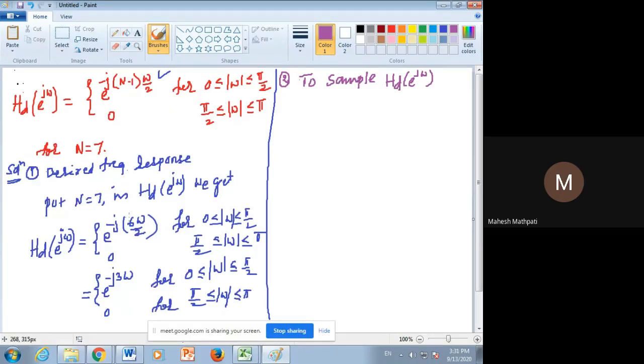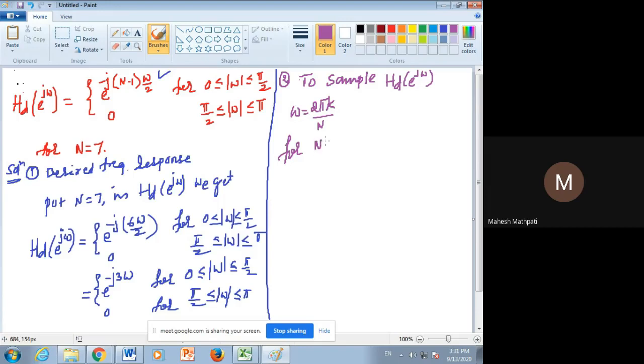So to sample, what are we doing? We are just putting the value, substituting omega equals to 2 pi k by n. Then for n equals to 7, what will happen?